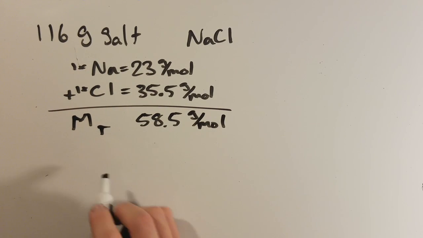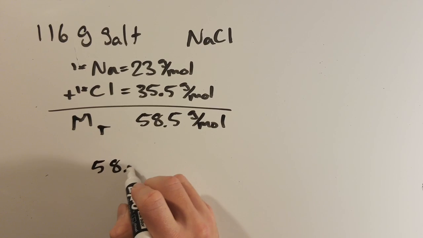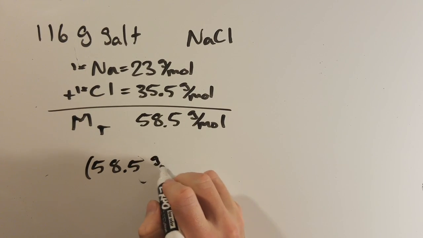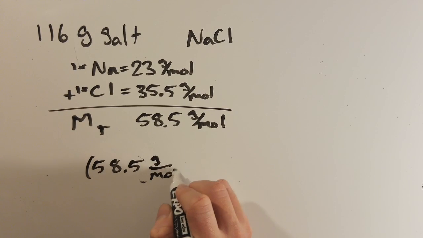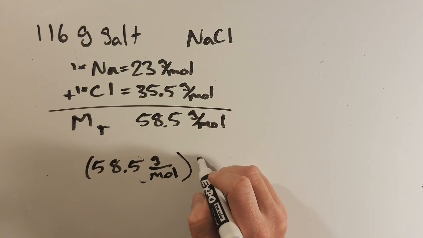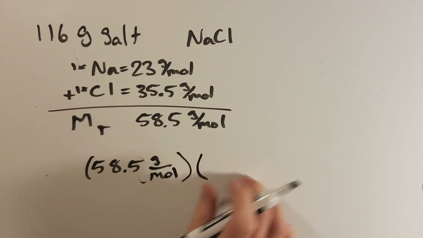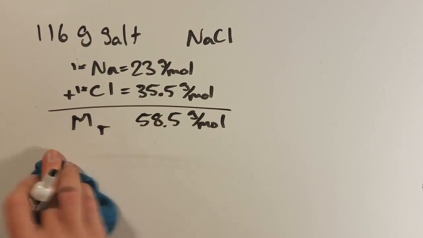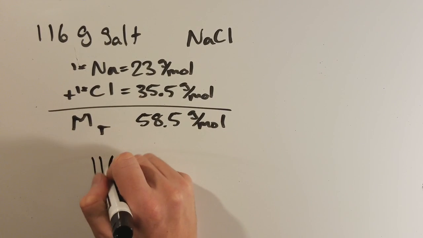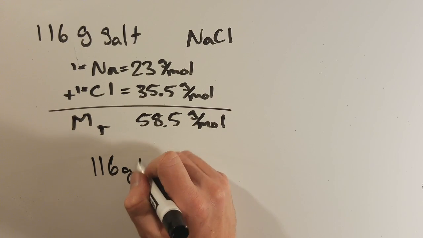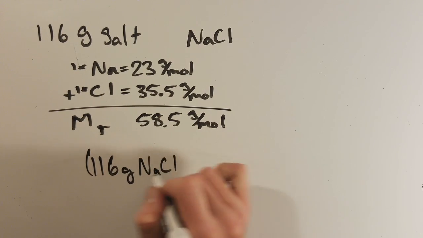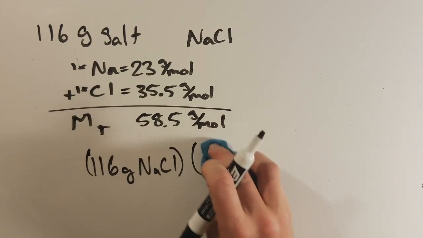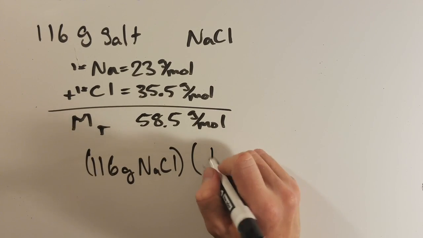So once again, using dimensional analysis, we can cancel out the grams of salt using the molar mass. Oh, this is silly. Let me just restart. 116 grams of NaCl times, actually not times, 1 mole.